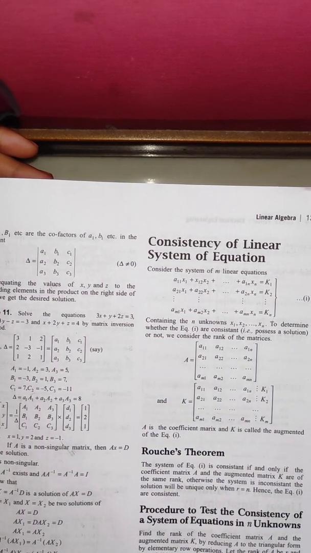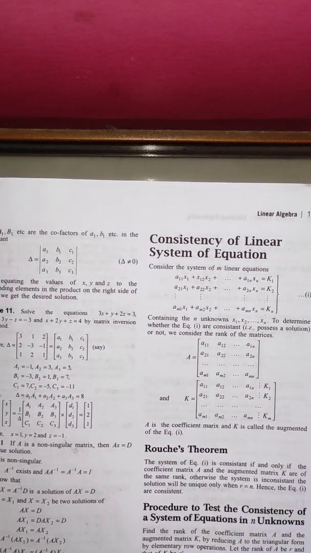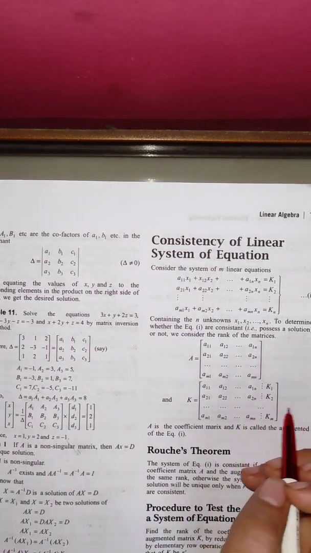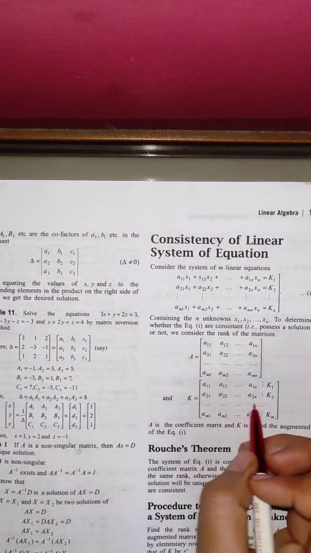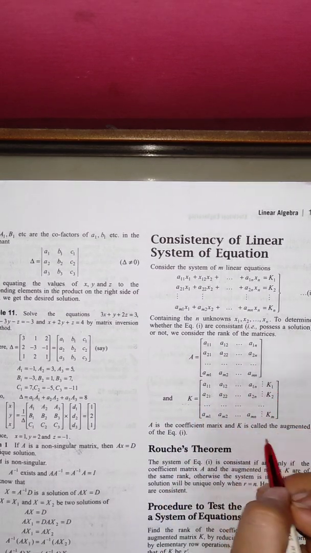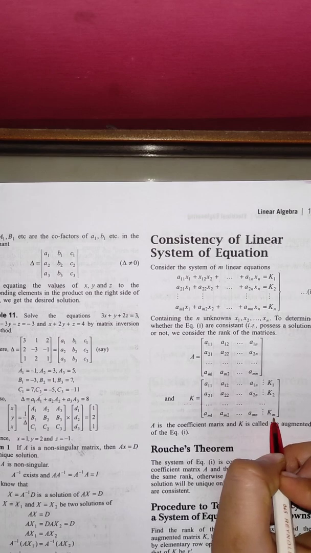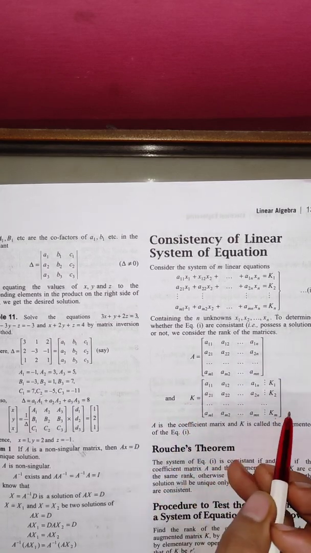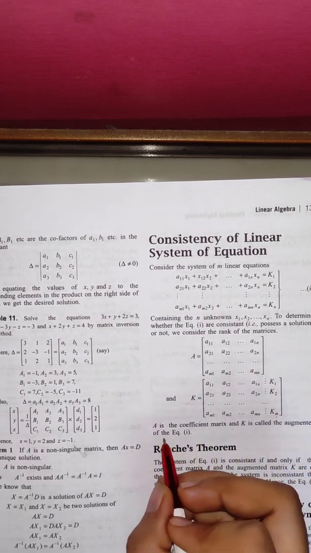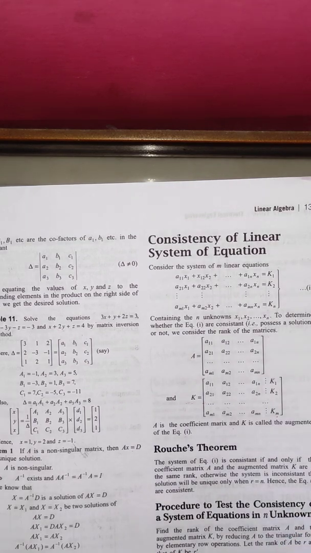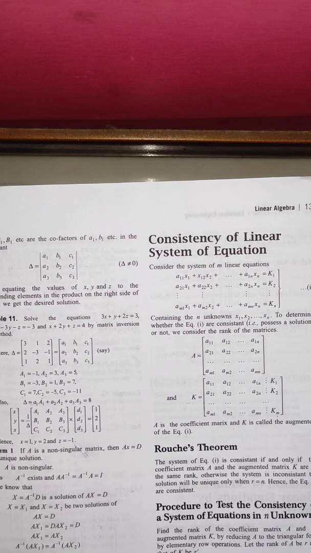Similarly the second row a21, a22 up to a2n, and the mth row am1, am2 up to amn. And K is the augmented matrix जो मैंने पीछे बताई थी. A augmented with the constant column k1, k2 up to km. This is the augmented matrix. So A is the coefficient matrix and K is called the augmented matrix of equation I. So this is the consistency of linear system of equations.